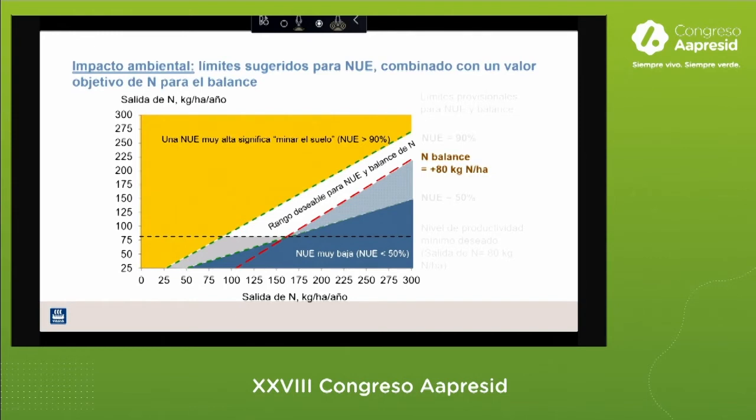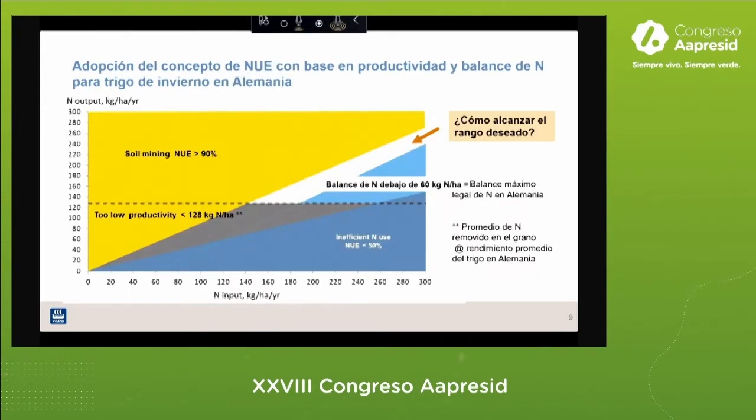So they still stay in the system. They are susceptible basically to losses to the different compartments of the environment, so water, air, or soil. And of course, for the nitrogen balance in some countries, like for example in Germany or other European countries, there is a limit for the nitrogen balance. So it should not exceed a certain value. And this is of course a challenge for the farmers.